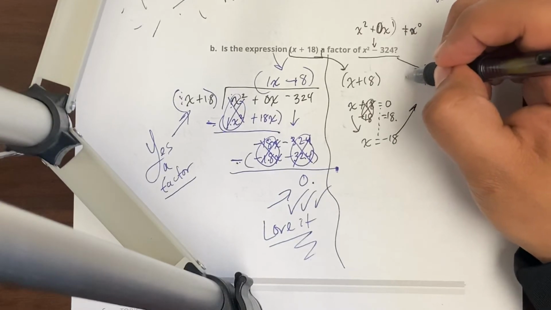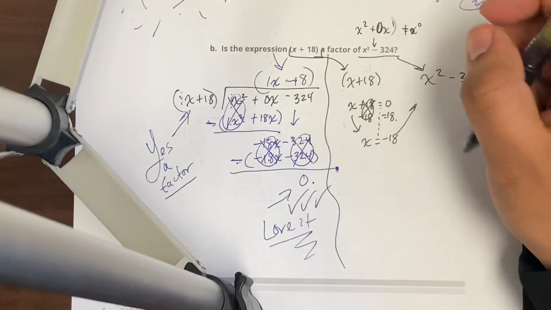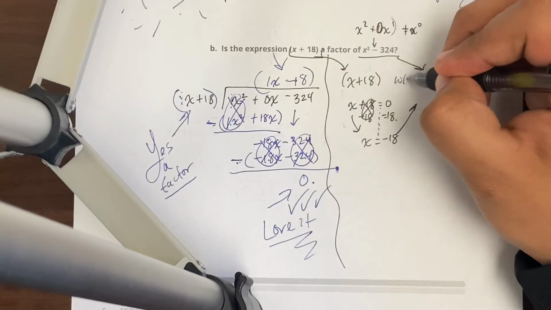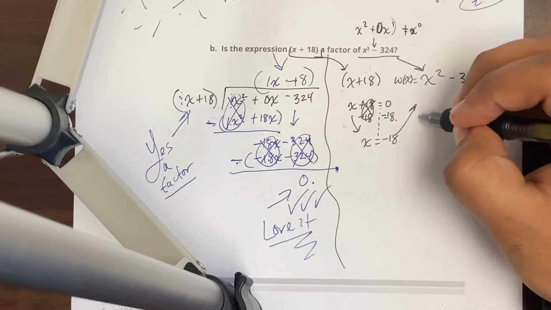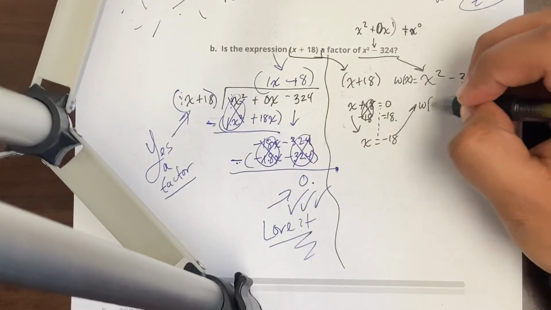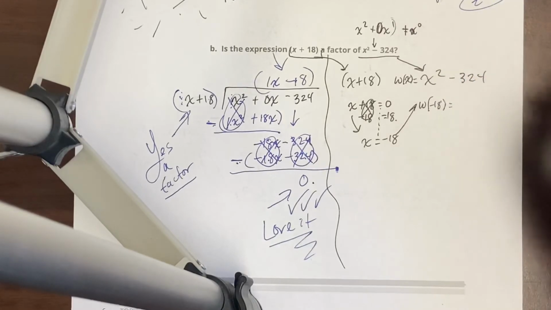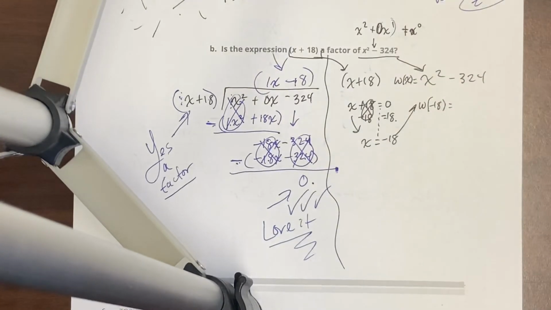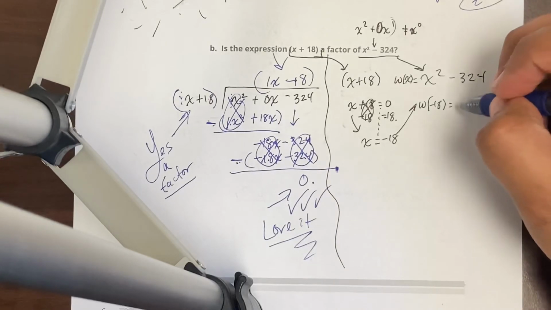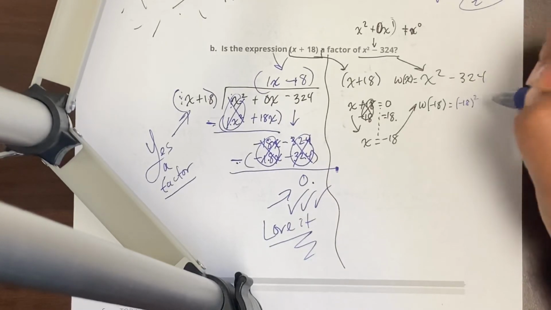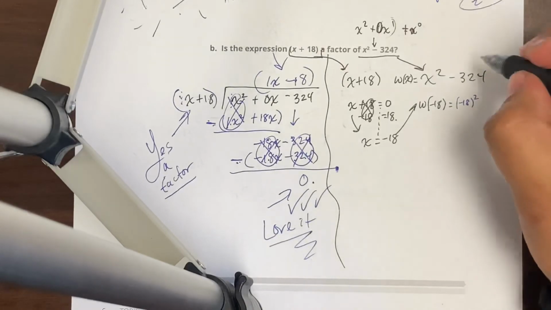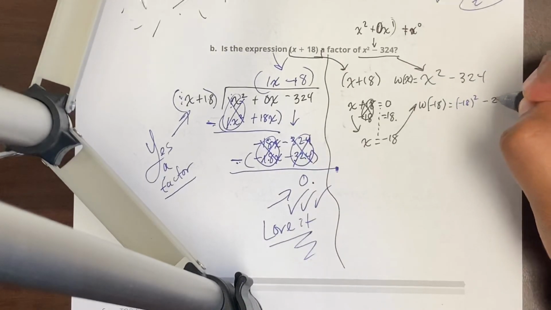Oop, I forgot to give it a name. I'm sorry. Let's call it W of x. W of negative 18. I'm sorry, I definitely forgot to give it a name. That's my fault. Negative 18 squared, and then the minus 324.